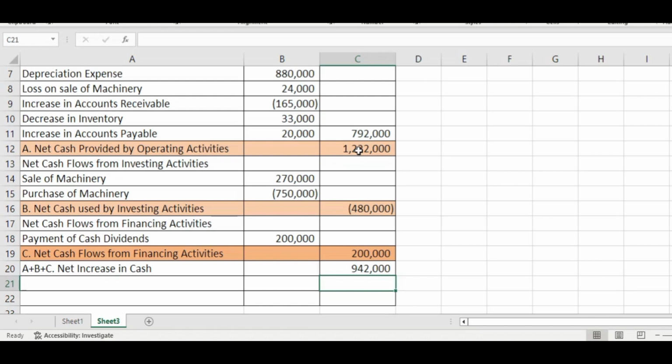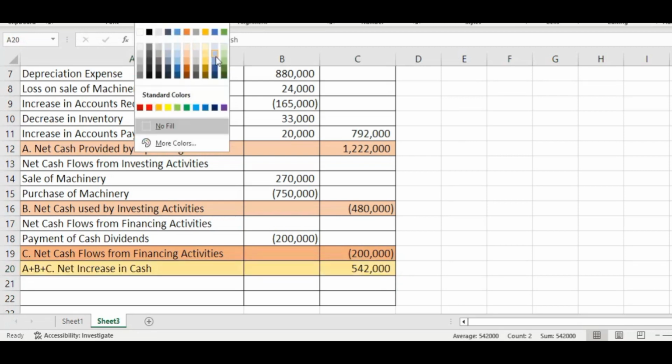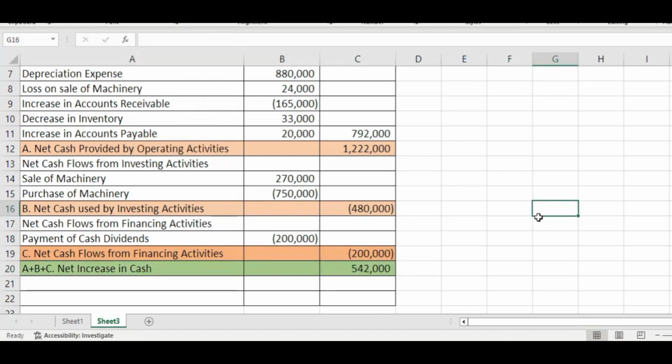We found here a small mistake, because payment of dividend is a cash outflow, so it will be a negative figure. Net increase in cash is 542,000.